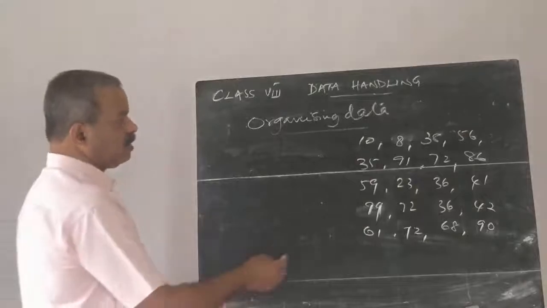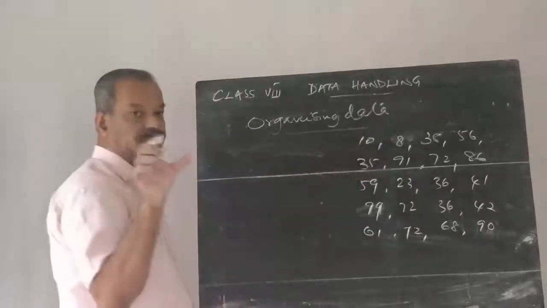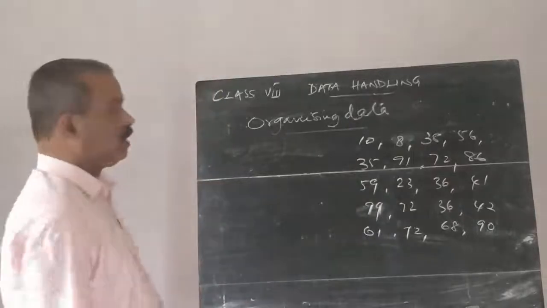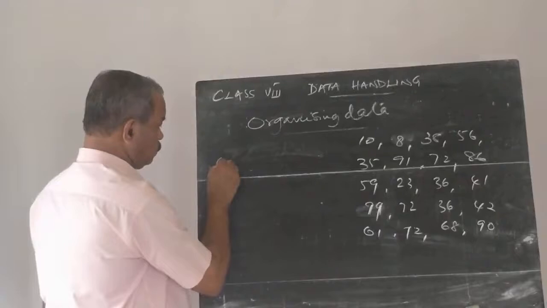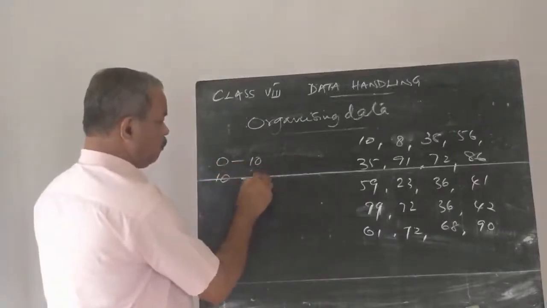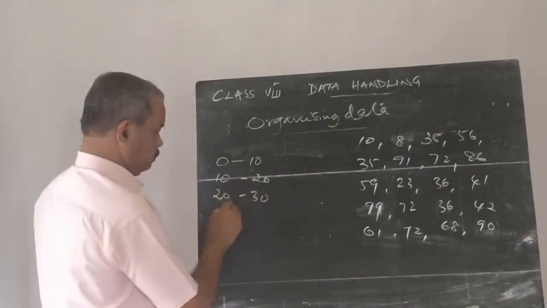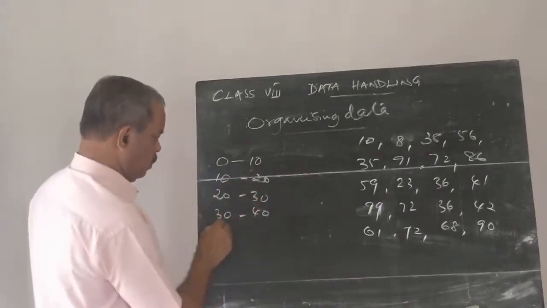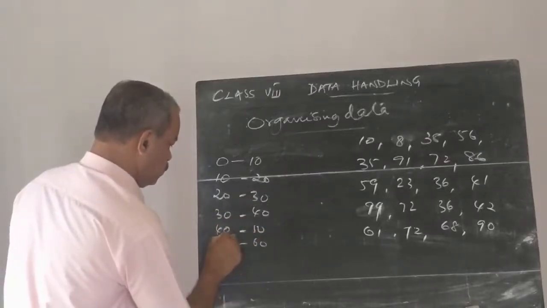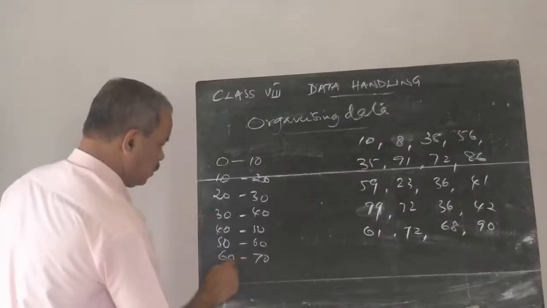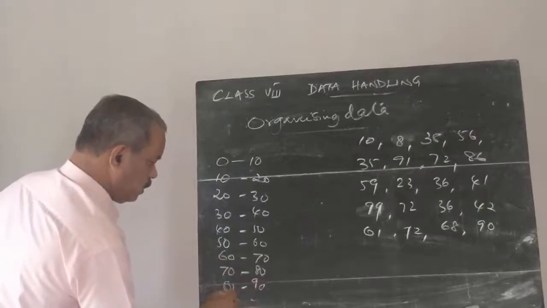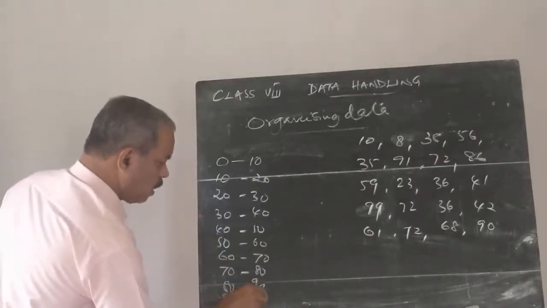For that, we can divide the data into different groups: 0 to 10, make one group; 10 to 20, 20 to 30, 30 to 40, 40 to 50, 50 to 60, 60 to 70, 70 to 80, 80 to 90, 90 to 100.